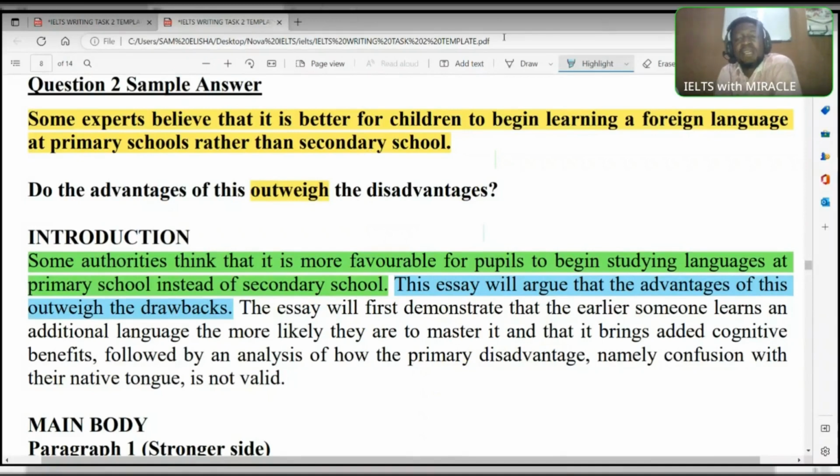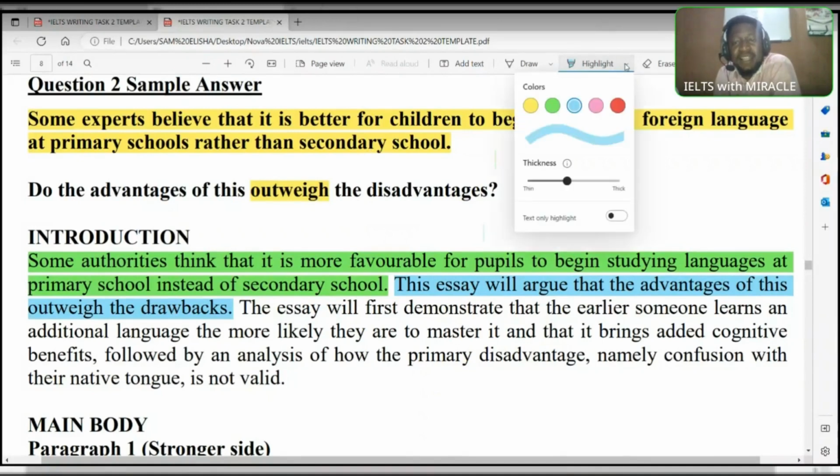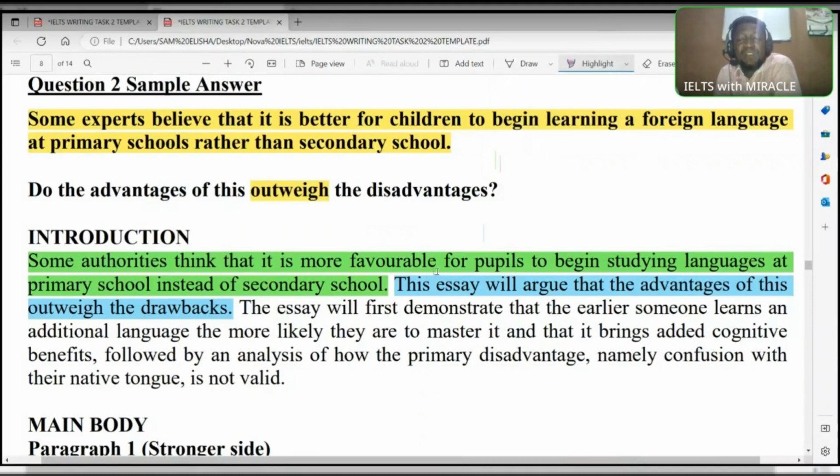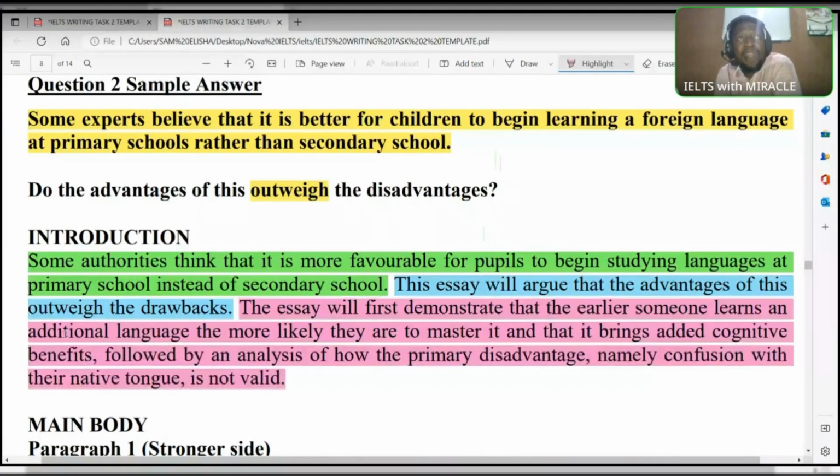Like I said, the outline sentence is that sentence that gives us the points that you will discuss. Now this essay will first demonstrate that the earlier someone learns an additional language, the more likely they are to master it. So that's what it's going to do first.